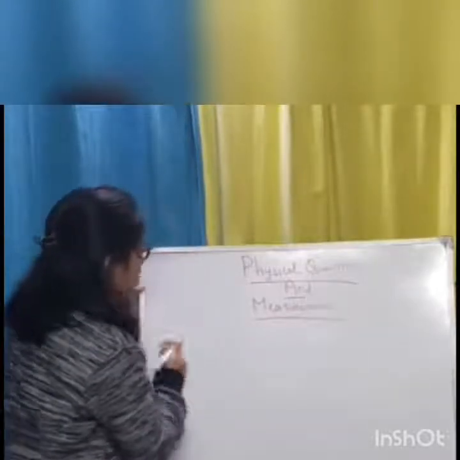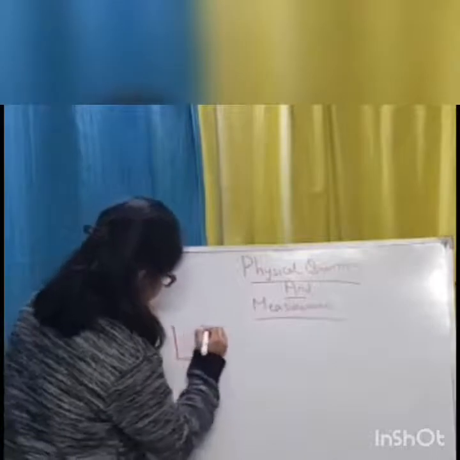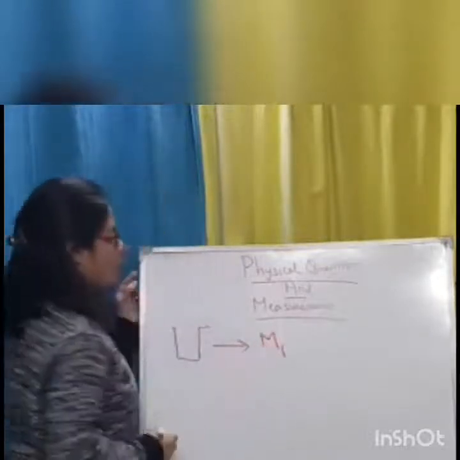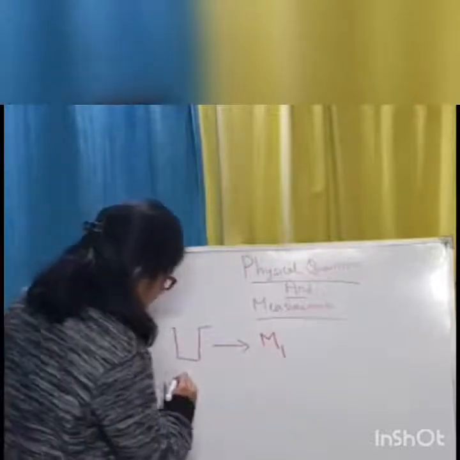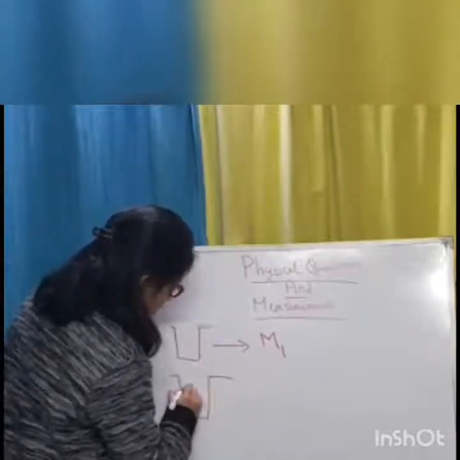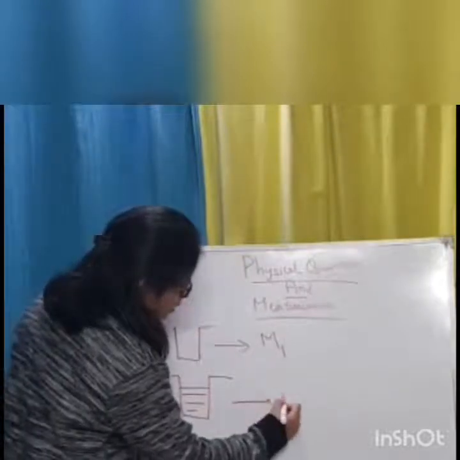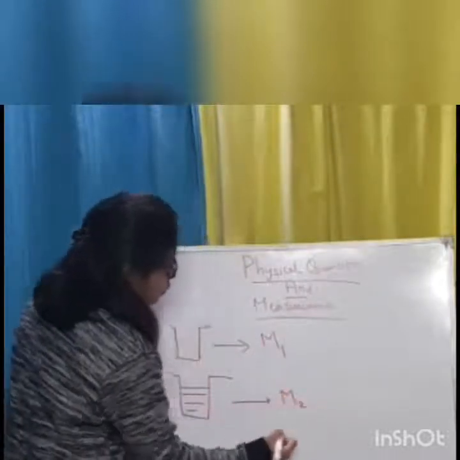Suppose we take the empty vessel first and we find that the mass of this empty vessel is M1. Now you take this empty vessel and fill it up with liquid. Now the mass of this, vessel plus liquid, is M2.